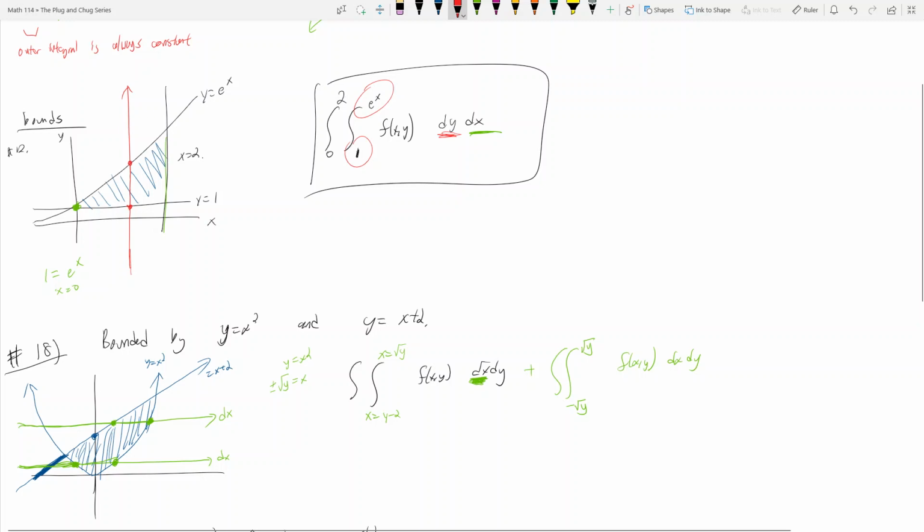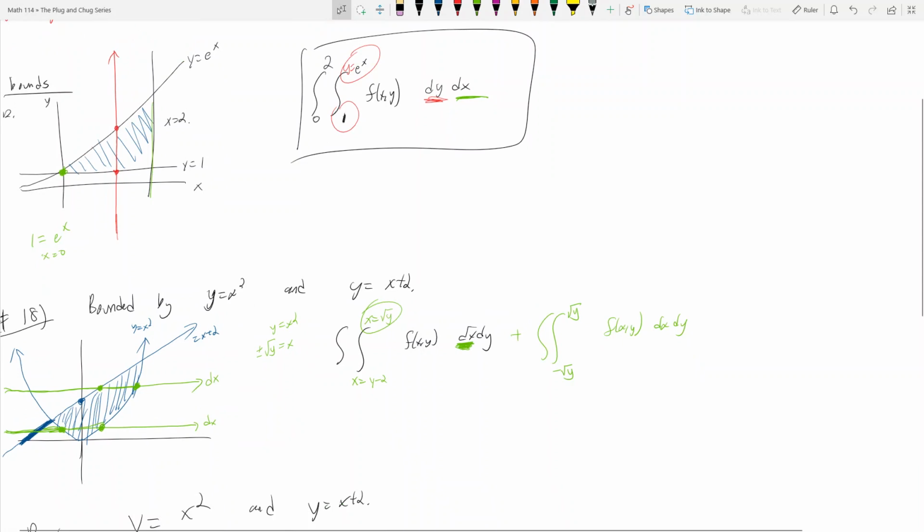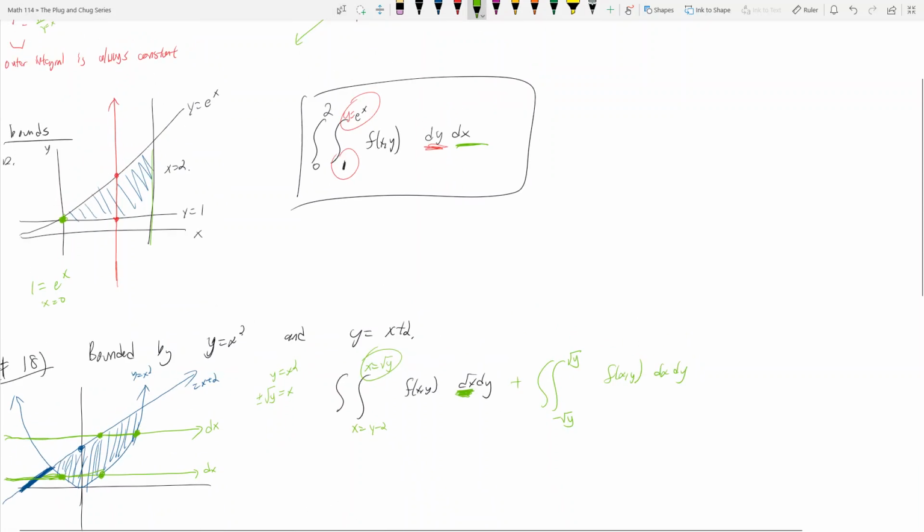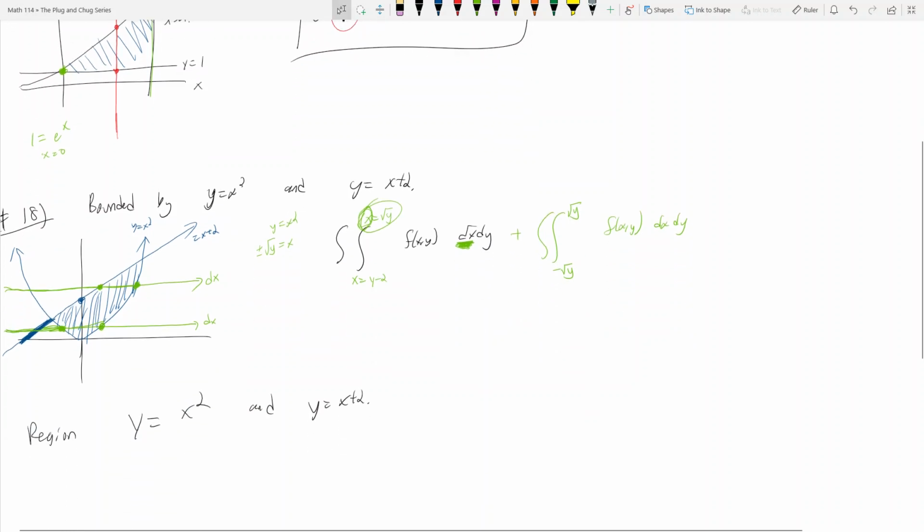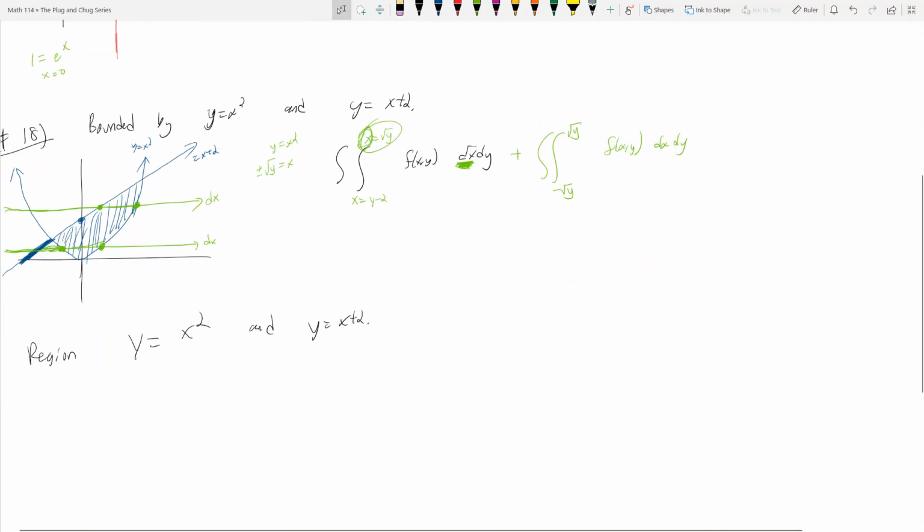So this is y is equal to e to the x up here, and then down here I had x is equal to root y, x is equal to y minus 2. So notice, it's always a singular x or a singular y. What you want to do is, from these two equations, just solve for singular x's and singular y's.